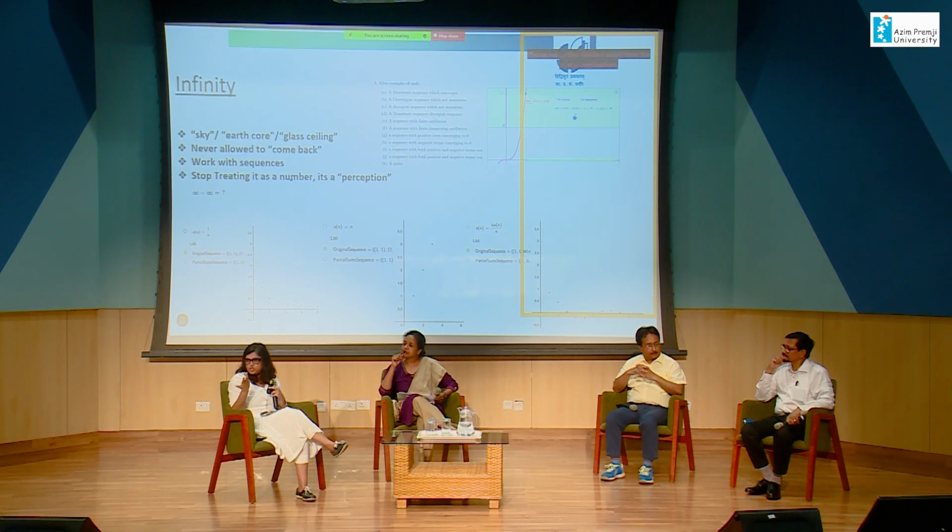So how do I tell it in a story? Because they don't want to learn the definition. You want to reach IIM Ahmedabad, that is your infinity. How much larger you have, how much it's enough to study so that you cross that bar line of Ahmedabad. So your aim is to cross IIM Ahmedabad, that is your G. How much you have to study that you cross IIM Ahmedabad.